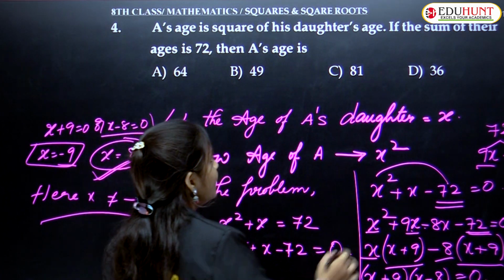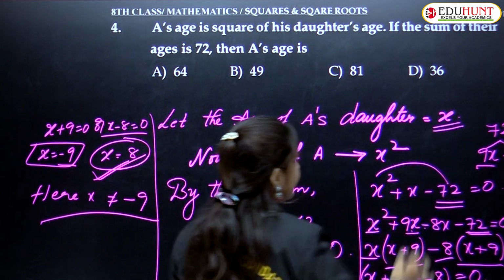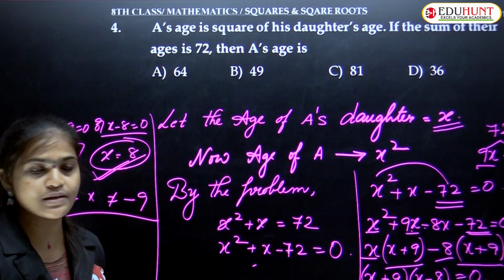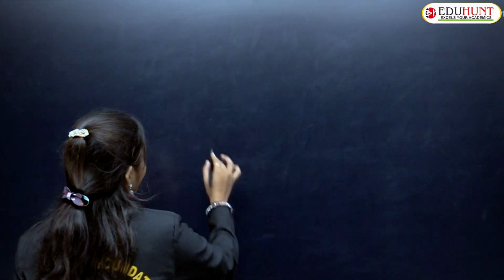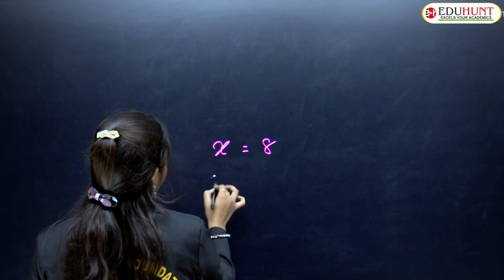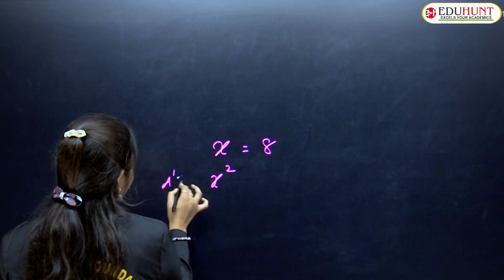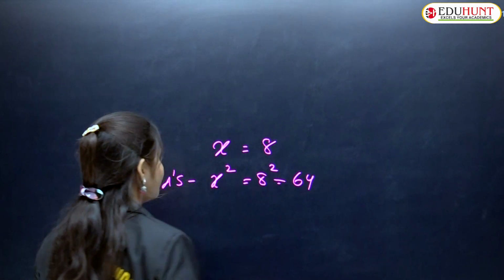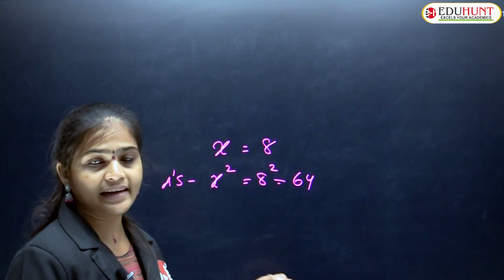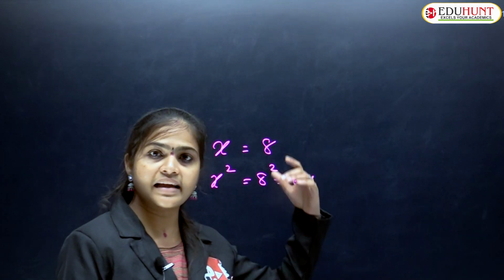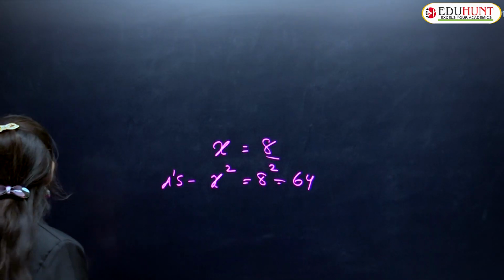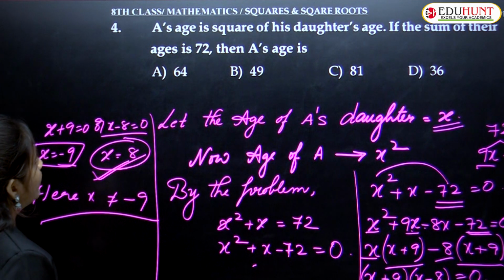So what is the age of the daughter? That one is taken as x, no? So x is equal to 8, and the other age is x square, so 8 square is equal to 64. So A's age is 64 and the daughter's age is 8.